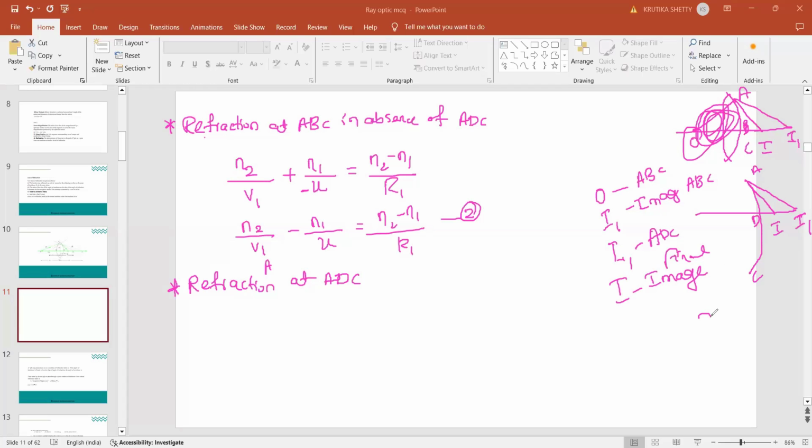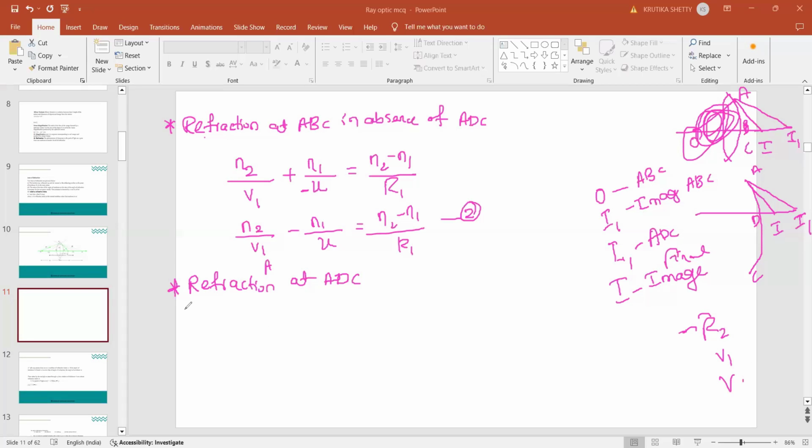The radius of curvature will be R2. Whatever you have considered here, the radius of curvature is taken as R2. Object distance is V1, image distance is V. So let us substitute now.